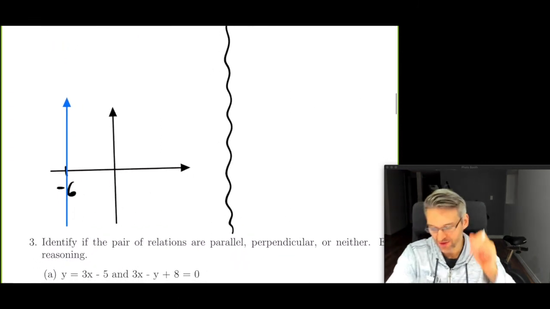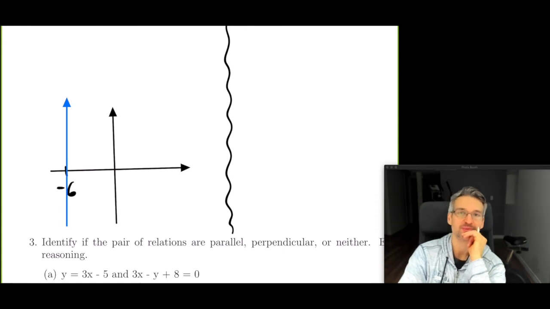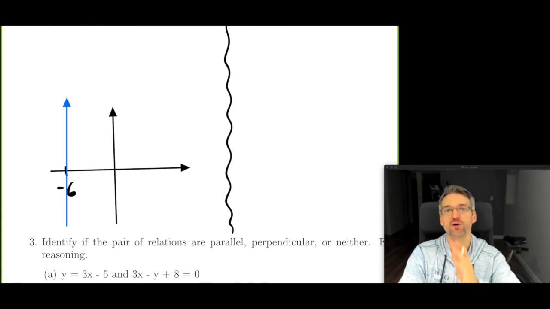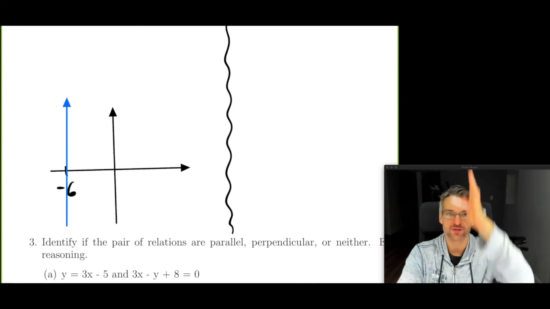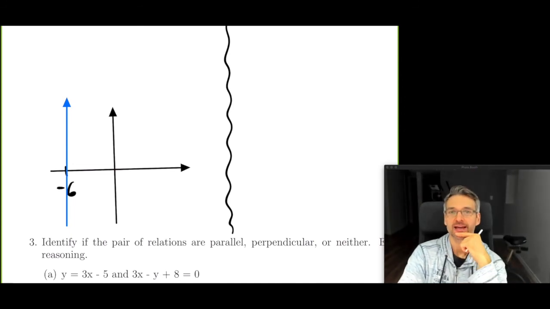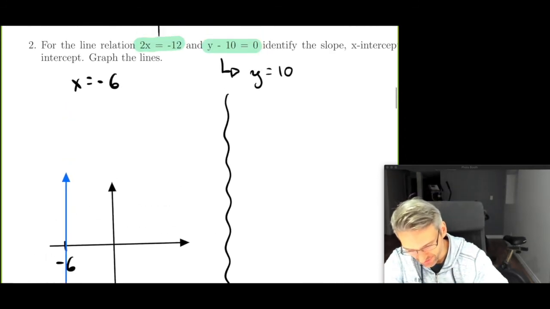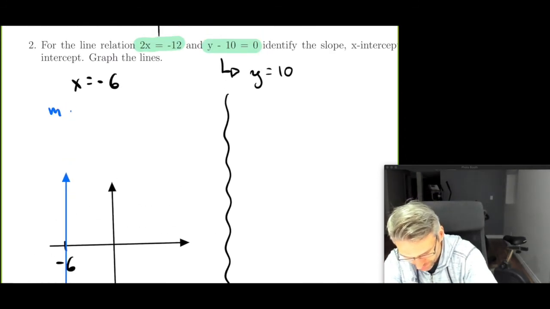So that is our line. So what's the slope? Do you remember what the slope of vertical lines is? Well, the slope is undefined. It's kind of an infinite slope. It goes straight up. So our slope in this case is undefined.